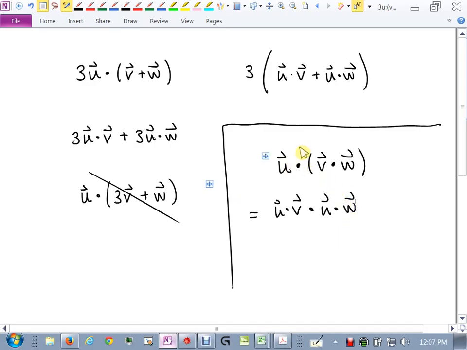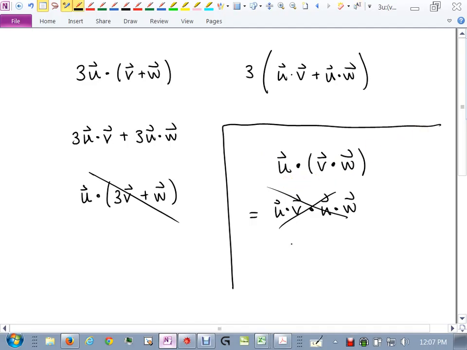Like, do you distribute this through dot and then dot? It's only distribution over what? Through addition, over addition, right? So this would be a no-go. What you have to realize here is that v dot w is a scalar, isn't it? When you dot these two vectors together, it's a number. So this is just a scalar times u. That's all it is.